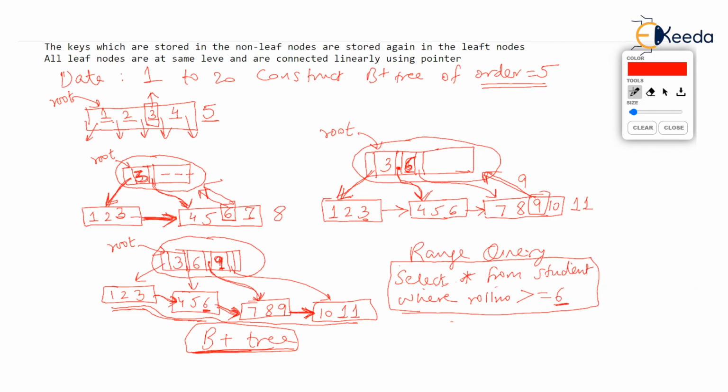That's exactly what we were doing in B plus tree. Now this 3, 6, 9 and all that, 4, 5, 6, all these are roll numbers of the students. You wanted to search students with roll number 6 or larger, and the tree helped you in doing that.